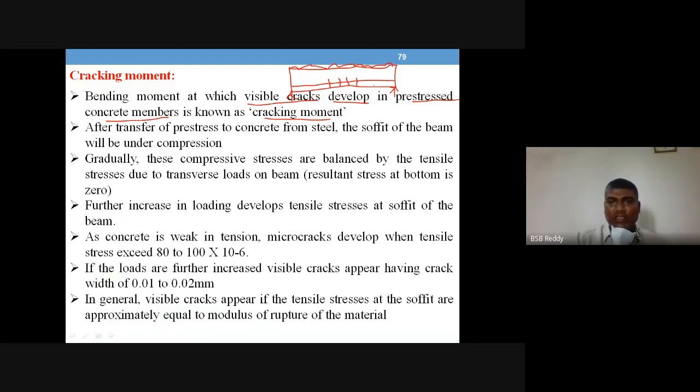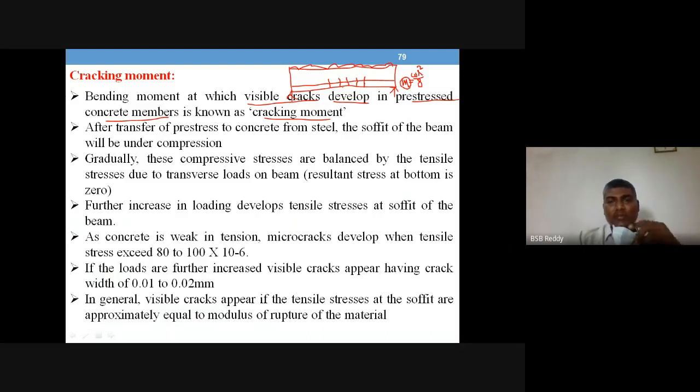Treating this as a bonded pre-stressed member, I am drawing the regular cracking pattern. Once the load reaches a certain level, the bending moment WL square by 8 reaches a certain value. At that bending moment, when you start seeing cracks at the soffit of the beam, that is the moment where the visible cracks appear. That moment is called the cracking moment.